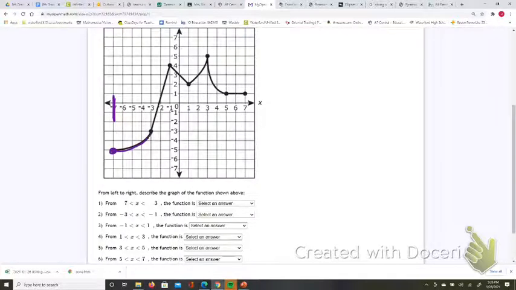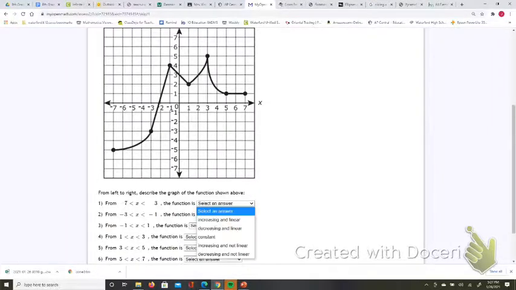And then if I go to the right till my first dot right there, notice I'm at -3 minutes. Now, going left to right, do you see how that graph is going uphill or increasing, and that it's curvy? So it is not linear. Okay, so we're going to say that from -7 to -3, the function is increasing and not linear.